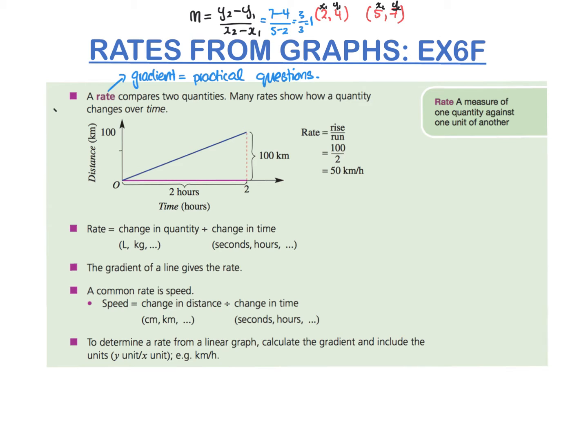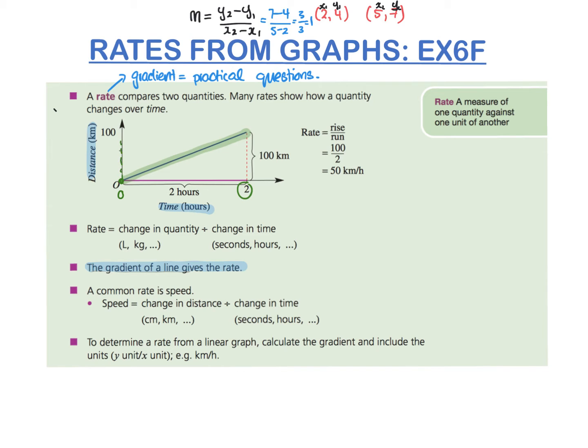All right, the important fact here is that the gradient of the line is the rate. When they're doing distance over time, if we work out the gradient of this line, they used the rise over run method. They started at 0 and finished at 2.